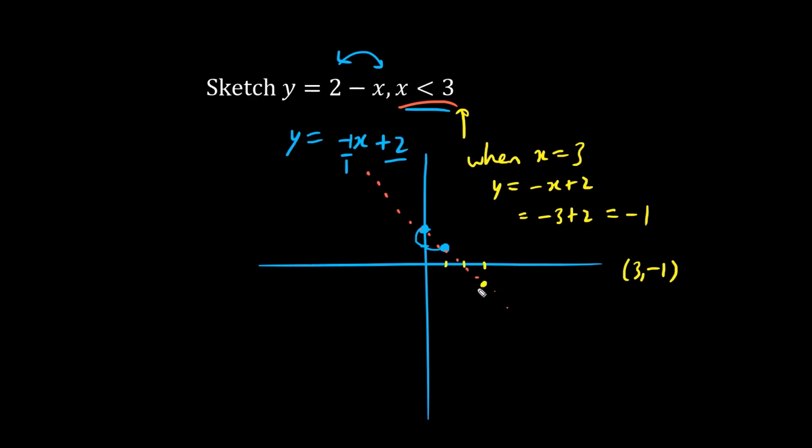It's a ray. And there's a hollow circle here. We don't actually include the endpoint. If this was a less than or equal to sign, we would fill in this hole. But this line, this ray, goes to the left only, not towards the right.